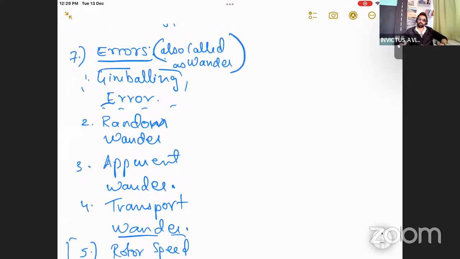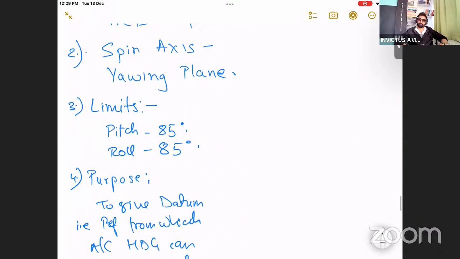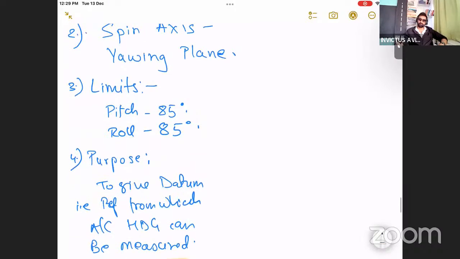So why do we have any limits for the pitch and roll, that is 85 degrees? If we just need 0 to 360, that would be in the horizontal plane, yawing, not in the vertical plane. And roll and pitch disturb the vertical plane, so why is there a limit for this?